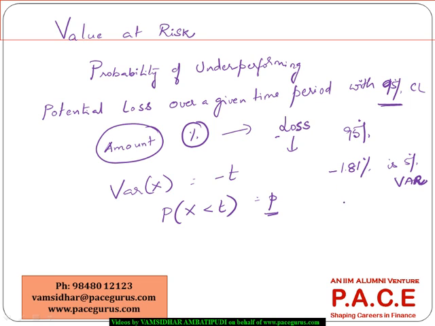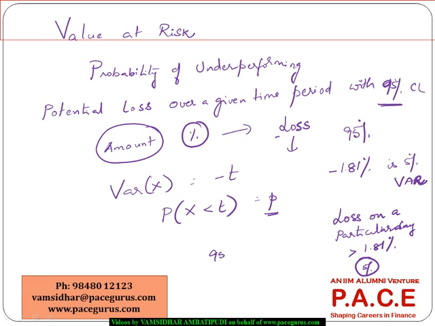It means the chance that the loss on any particular day is more than 1.81% of the invested value is only 5%.